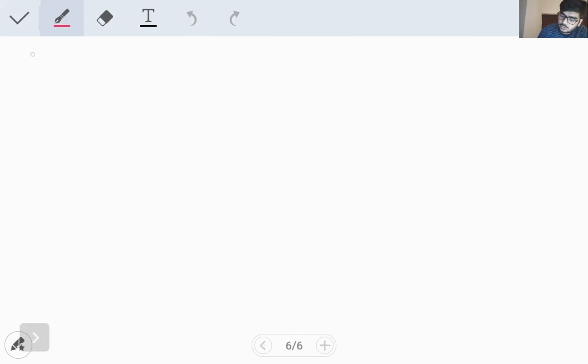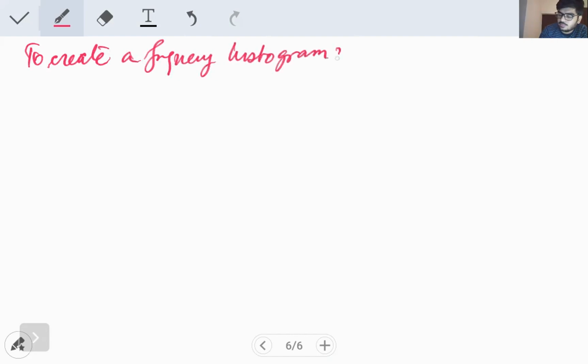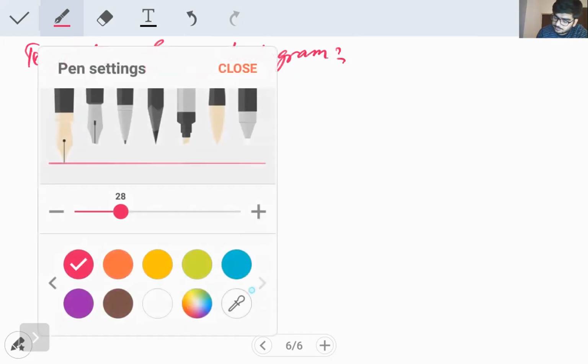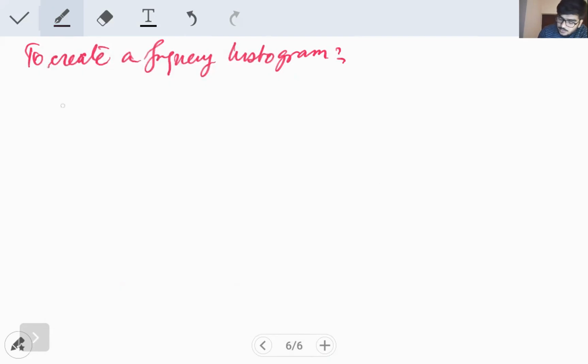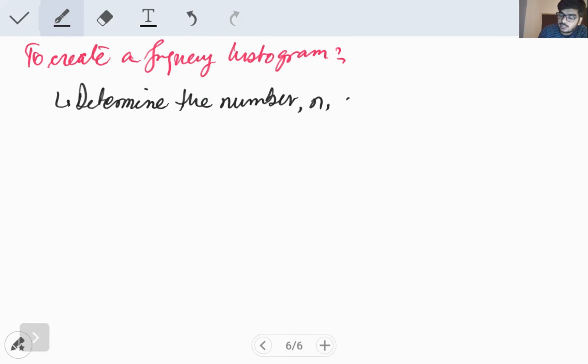So to create a frequency histogram, the steps that we will be taking are: first is to determine the number of samples, that is, the number n in the sample.